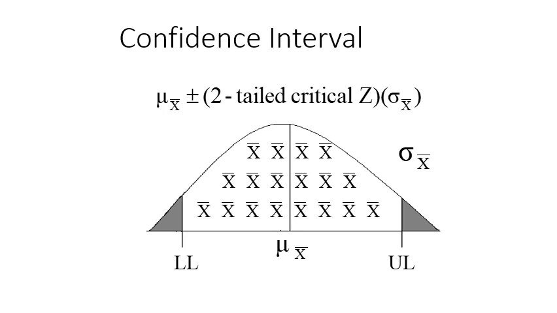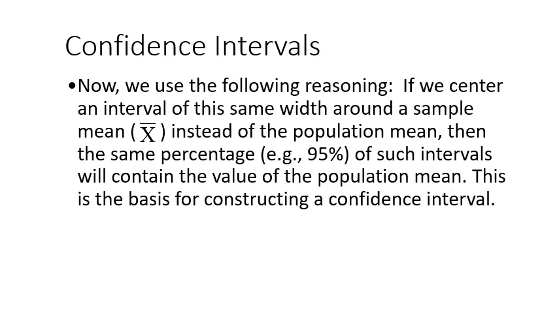Let's get to that. If we center an interval of the same length around the sample mean instead of the population mean, so if we centered it around the population mean, we'd say 95% of scores are within that. But instead of centering it around the population mean, we're centering it around the sample mean.